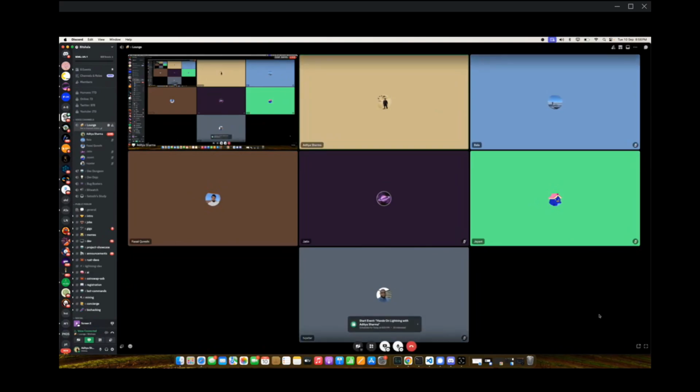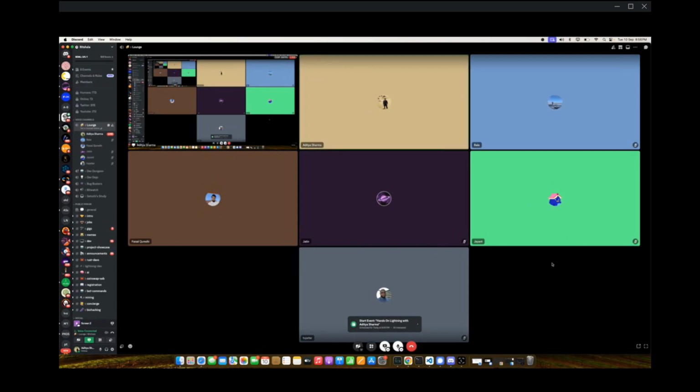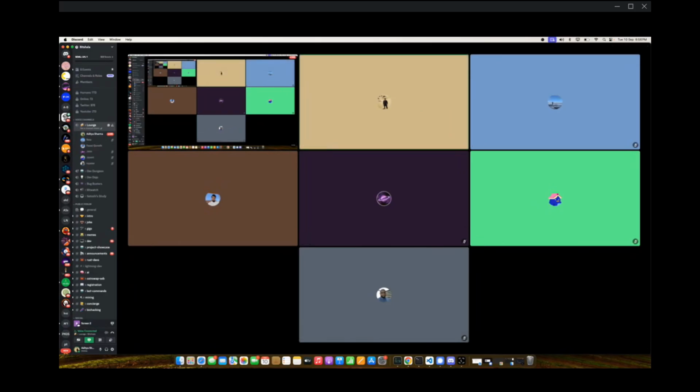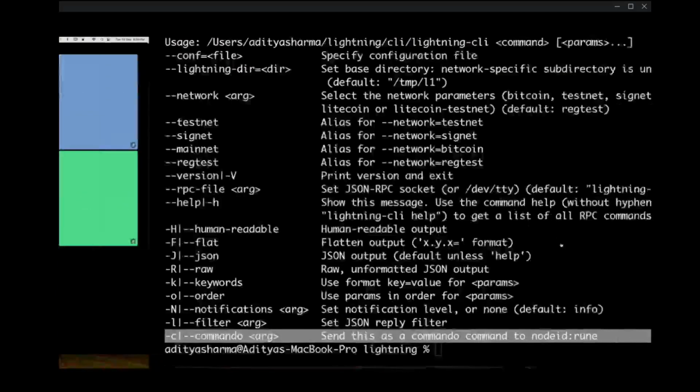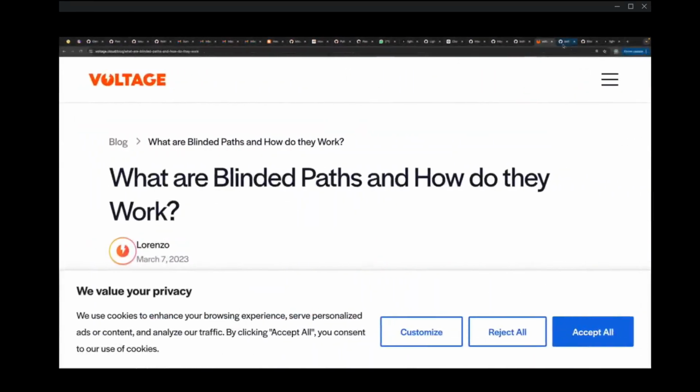All right. So when you pay an invoice, the invoice has the node ID of the receiver, right? And there is this gossip protocol inside the Lightning Network. When you connect to a Lightning node, it sends you some messages which are called the channel announcement message. There are three messages, I would have to look at what those are called.